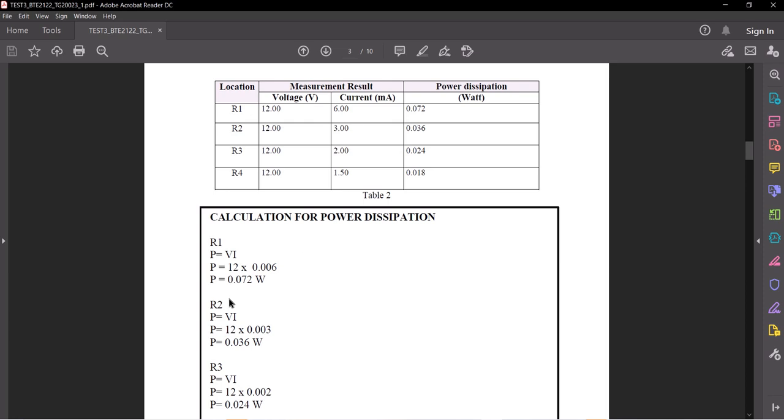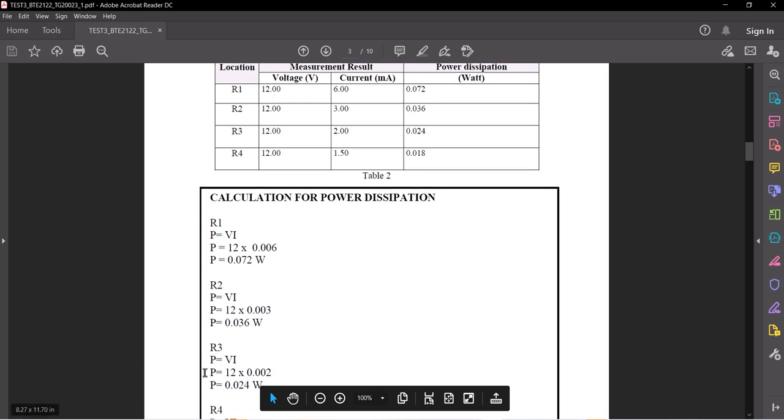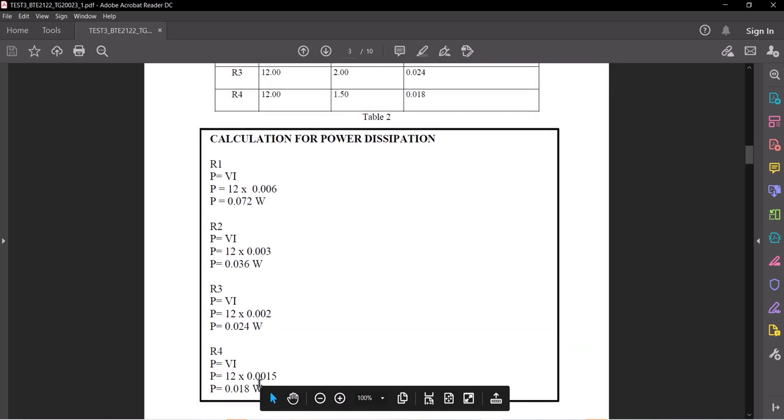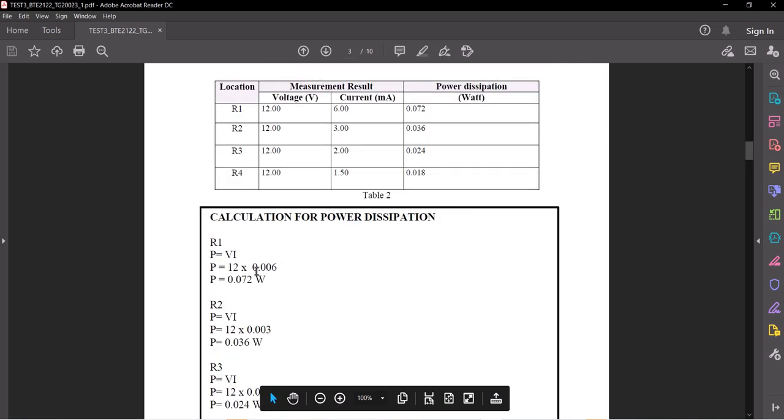For R2, 12 times 0.003, we get 0.036 watt. For R3, 12 times 0.002, we get 0.024 watt, and for R4, 12 times 0.0015, we get 0.018 watt. This calculation and answer we record in table 2.